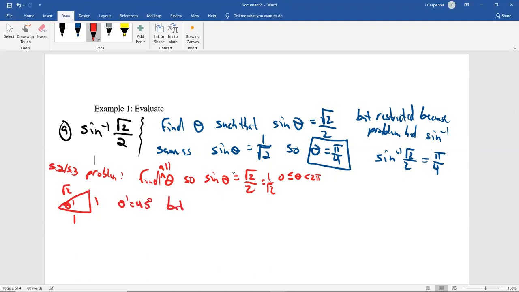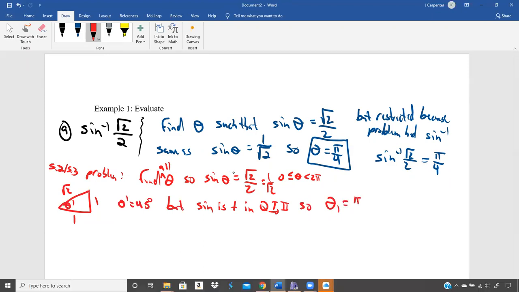But then you say sine is positive in quadrants 1 and 2. Because sine is the y value, you go up in quadrant 1 and 2. So the first solution is the reference angle of 45 degrees, which is pi over 4. But theta 2 should be in quadrant 2.